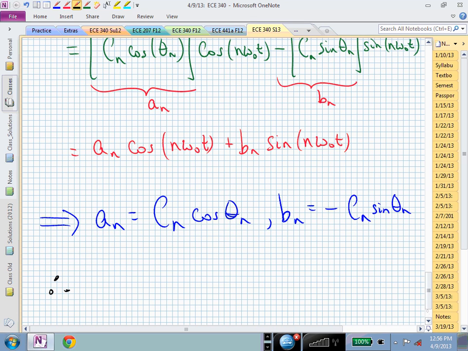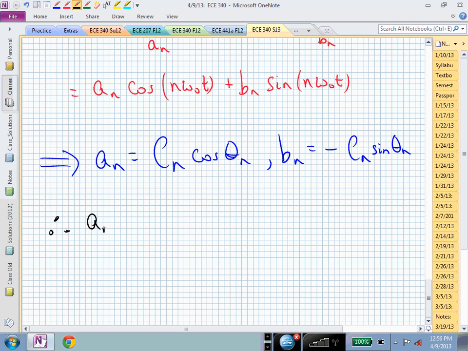If we take a sub n, square it, and b sub n and square it, now we have capital C sub n squared cosine squared theta sub n plus C sub n squared sine squared of theta sub n.